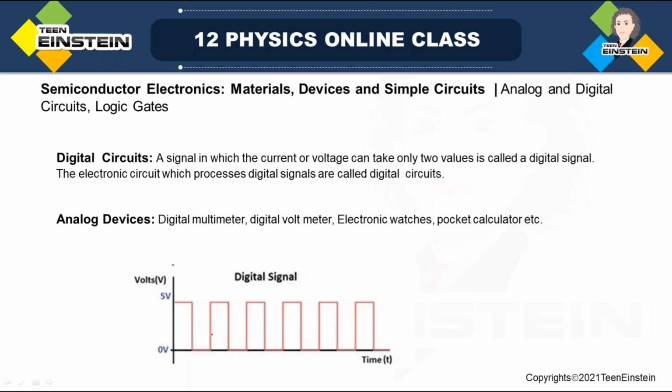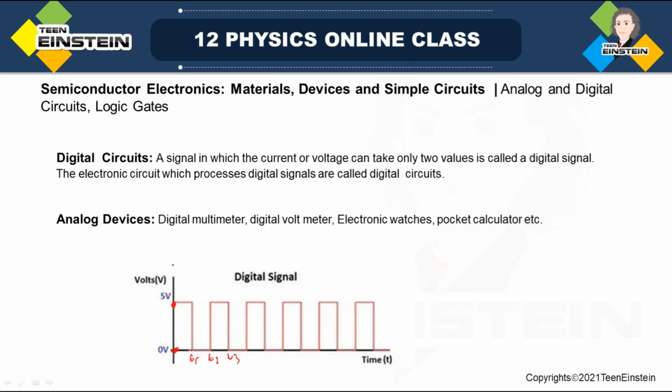And see, this is a digital signal. As I said, it can take only two values, 0 or some high value. This is low, 0 means low state. If I say this is T1, this is T2, this is T3, then when the time is 0, it has a high value, 5 volt.